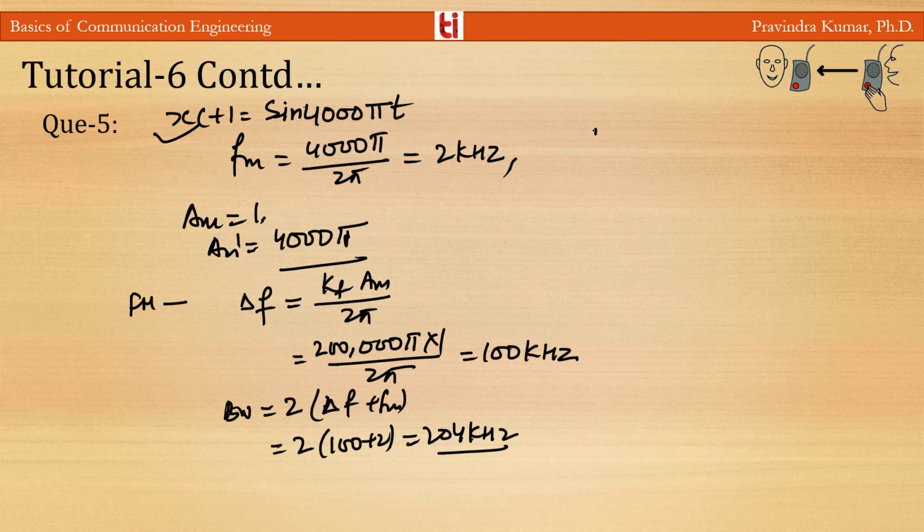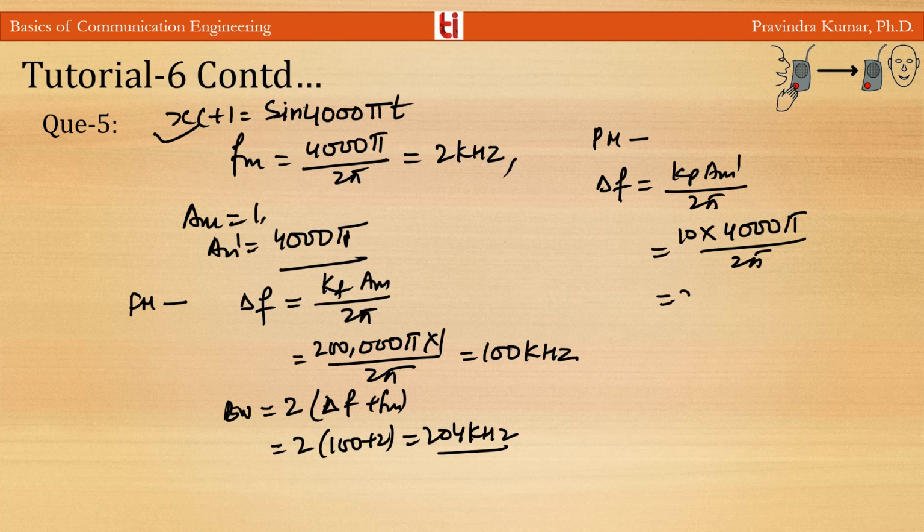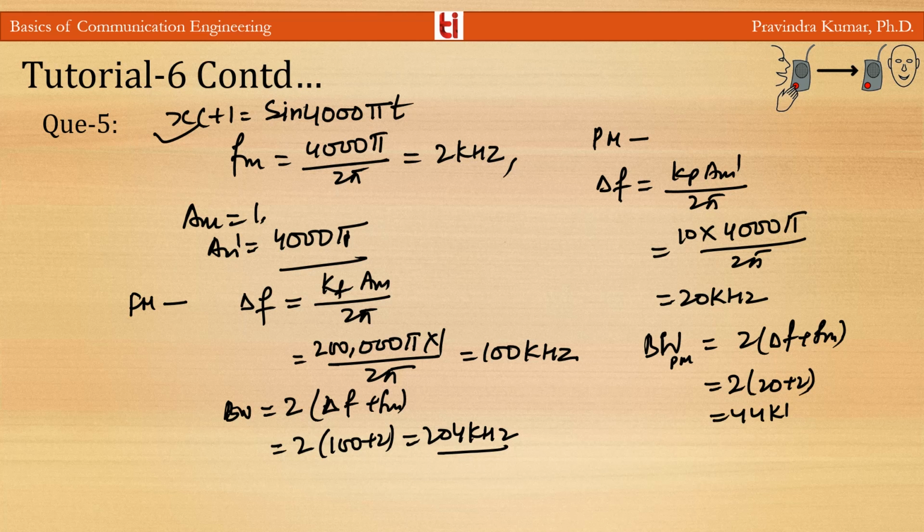And for the PM case the frequency deviation is kp am dash by 2 pi, kp is given as 10 and am dash is 4000 pi by 2 pi, so it will be 20 kilohertz. The bandwidth for this PM case will be 2 (del f plus fm), which is 2 into (20 plus 2), 44 kilohertz.